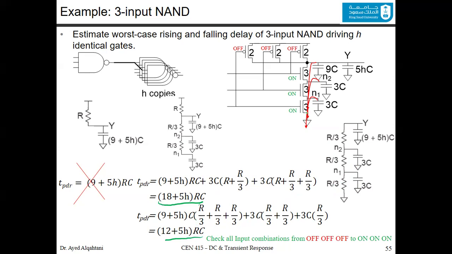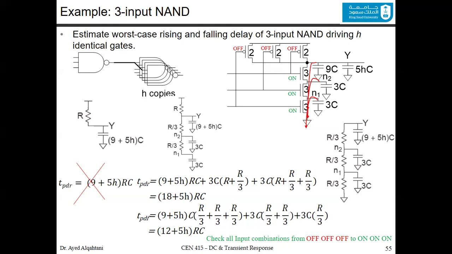Even though we try to size the transistors such that the resistance in the falling and the rising are equal, the delays at the end of the day are not equal. You can see that this is 18, and this is only 12. So there is slightly some difference between the amount of delay in the rising and the falling, but at least we are heading to a good estimation.